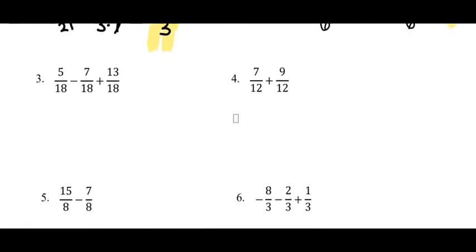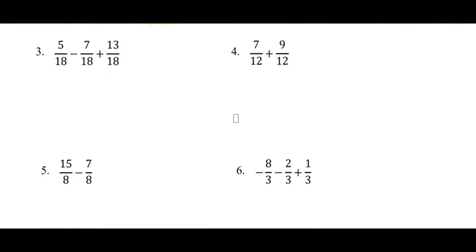Right, moving on to problem number 3. Here we have 3 fractions, so we're going to do the first 2 and then the last one, or we can just bring everything up into the numerator. So here we know that it's going to be over 18. We never changed the denominator. So let's go ahead and work on the numerator. So in the numerator, you have 5 minus 7 plus 13.